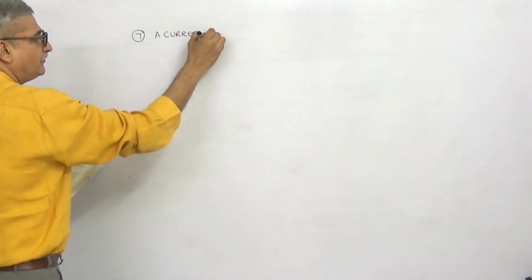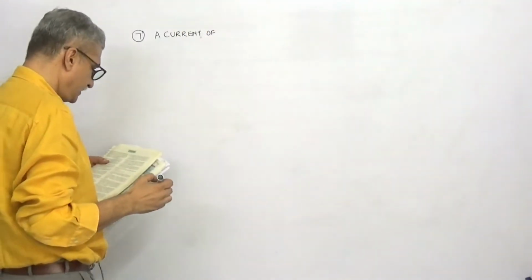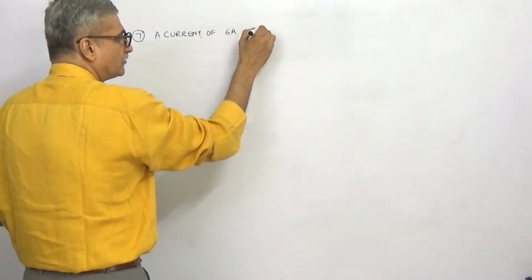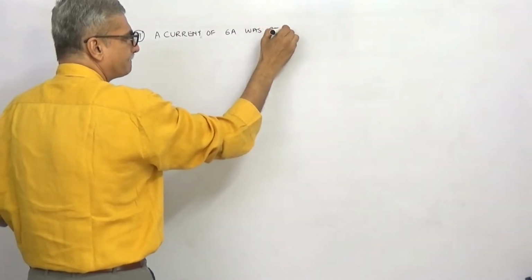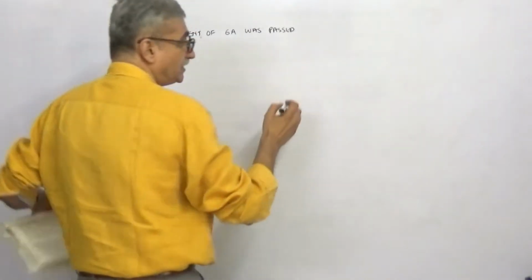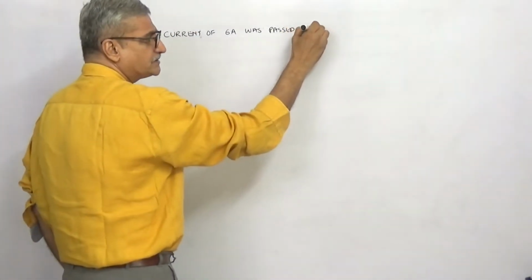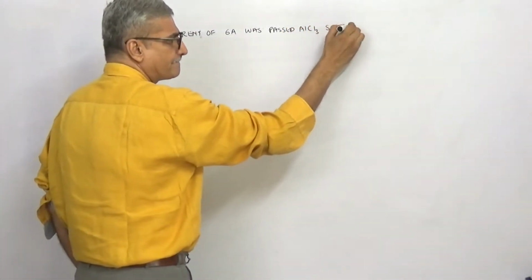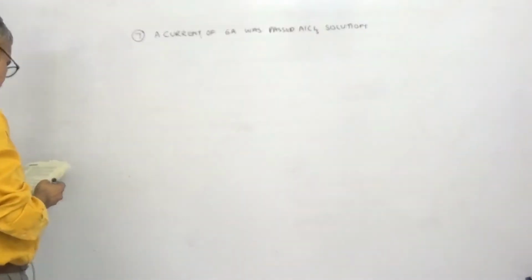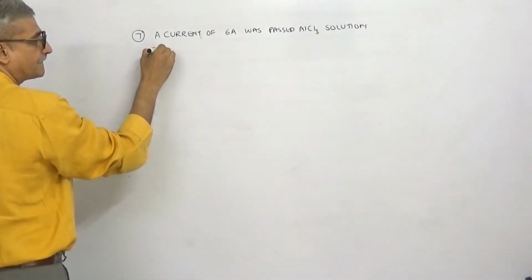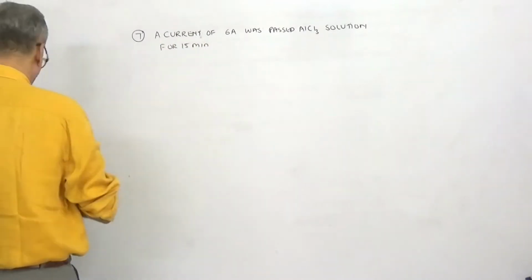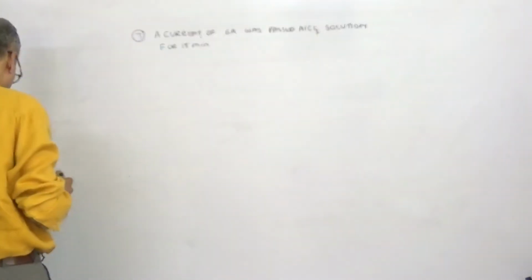A current of 6 amperes was passed through aluminium chloride solution for 15 minutes using platinum electrode.